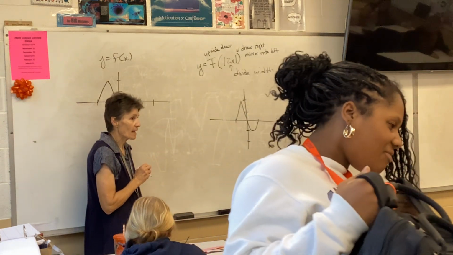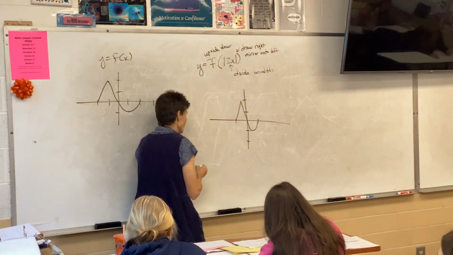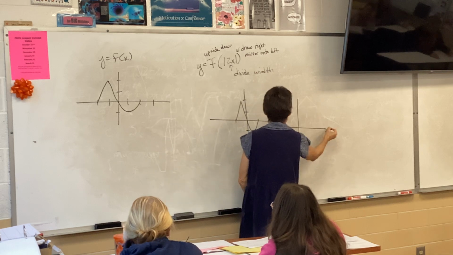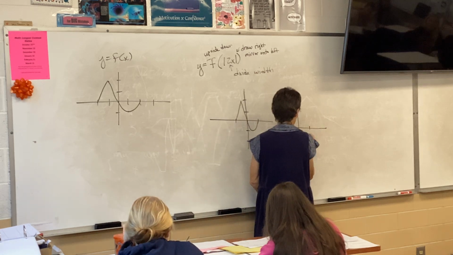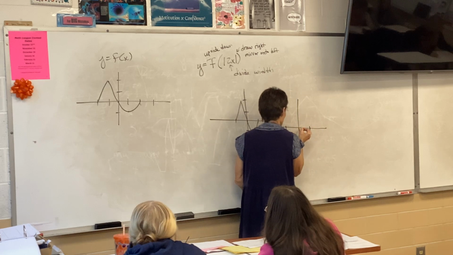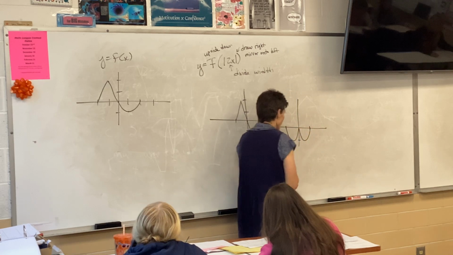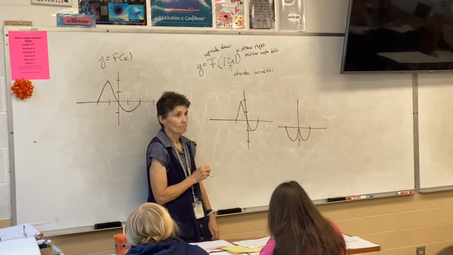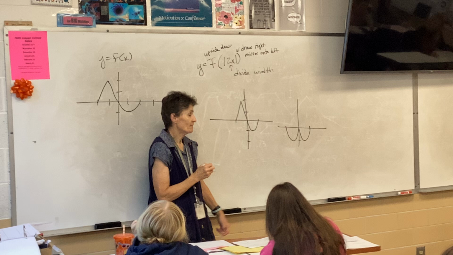All right, now let's do the absolute value part. What does the absolute value part tell me to do? Just draw the right side and then redraw it over here. So my triangle isn't even part of it anymore.